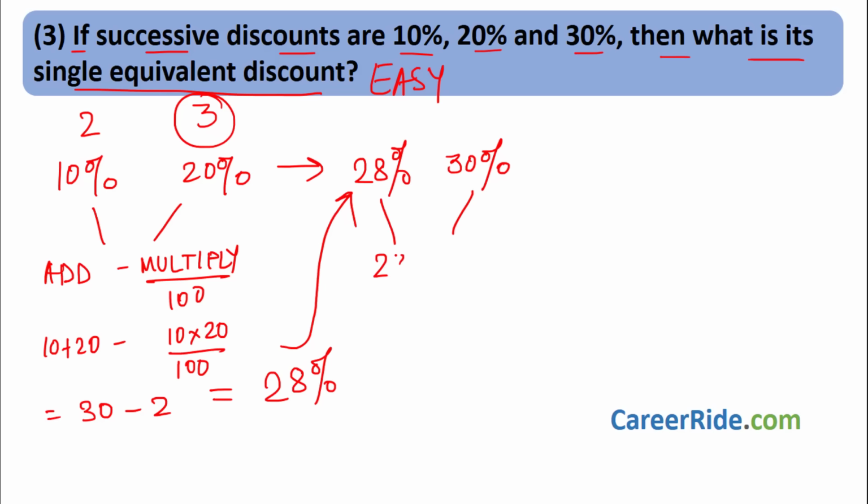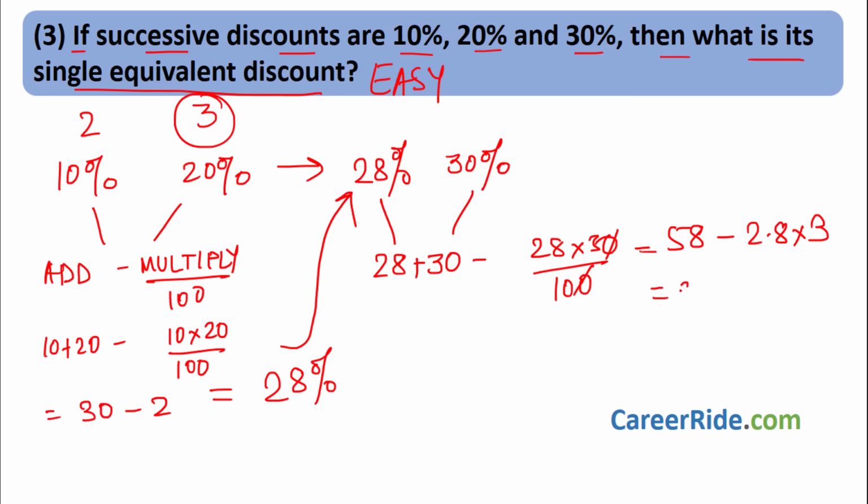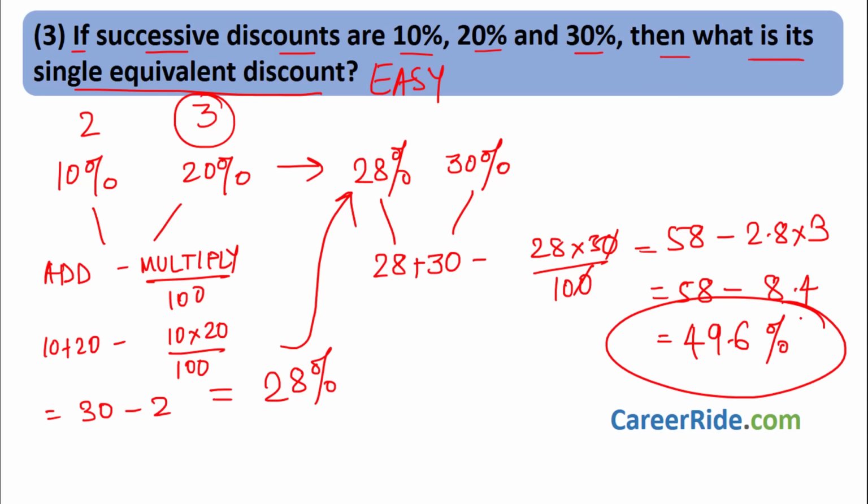Add minus multiply divided by 100. That would be 58 minus, the zeros get cancelled, 2.8 into 3, that is 58 minus 8.4, that would be 49.6%. This is the single equivalent discount of the 3 successive discounts.